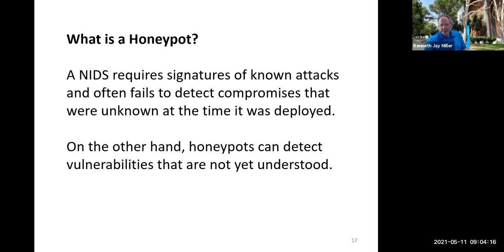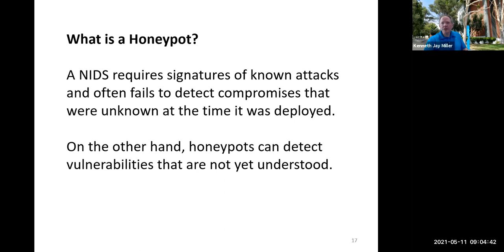So honeypots, on the other hand, can detect even if it's 0-day. Why is that? Why do we know that this is legitimate evidence or legitimate traffic? Because the only reason someone's on our honeypot is for bad reasons.